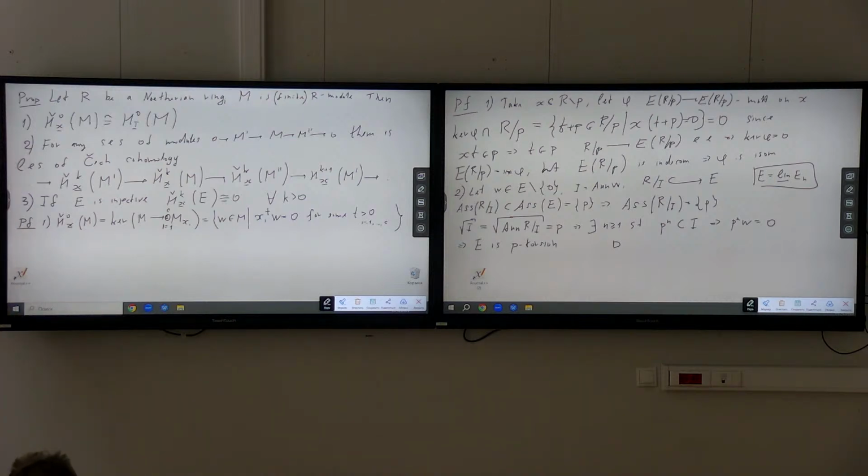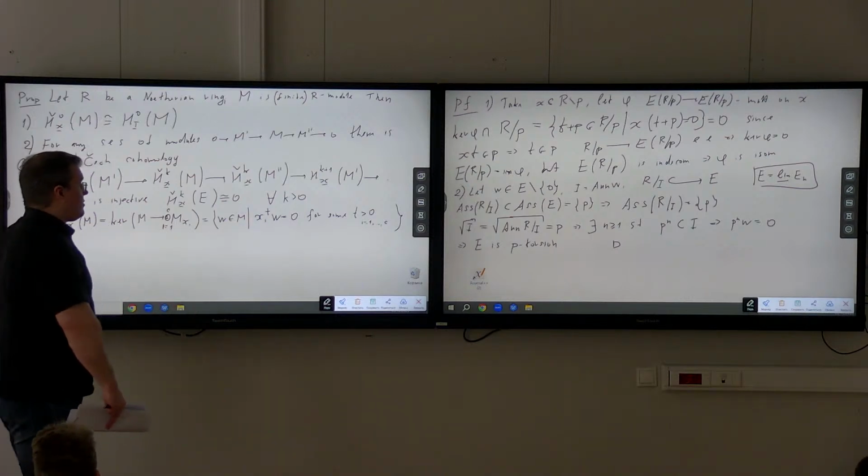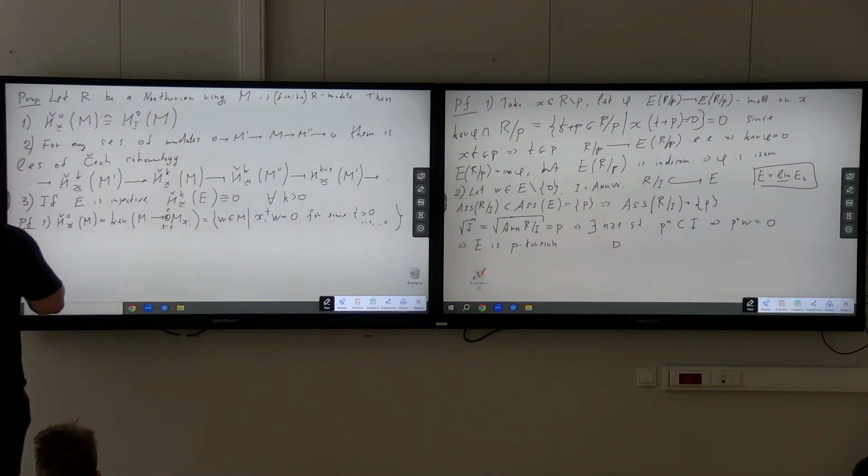So this is more or less what you get if you know that in each localization at each of the x_i's, w will give you 0, right? So the multiplicative system is just the powers of x_i, and using the definition of when the fraction is 0, you'll get this x_i to the t times w equals 0.